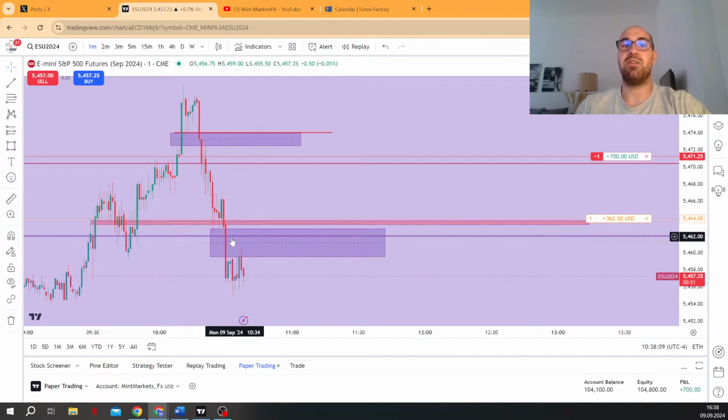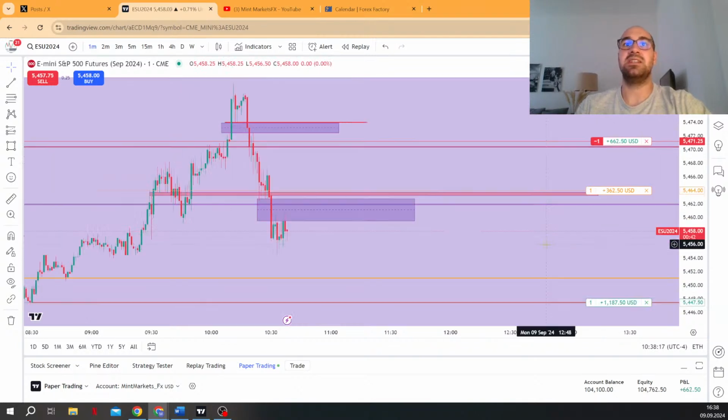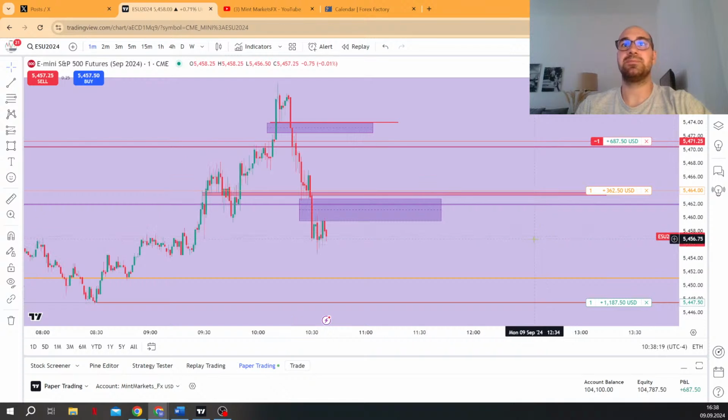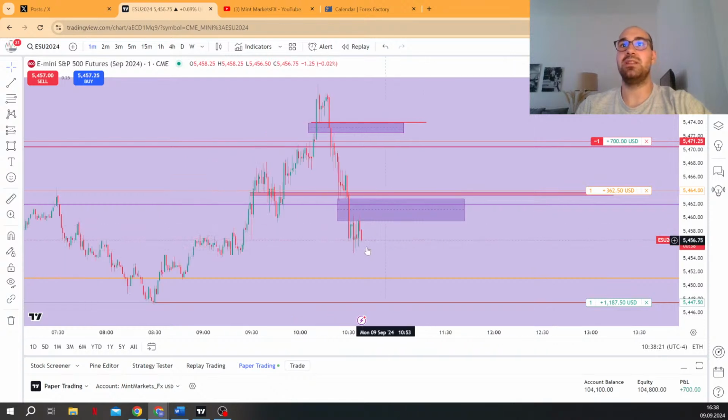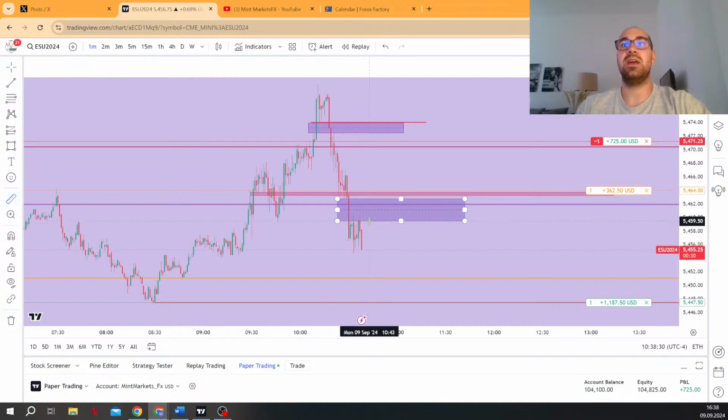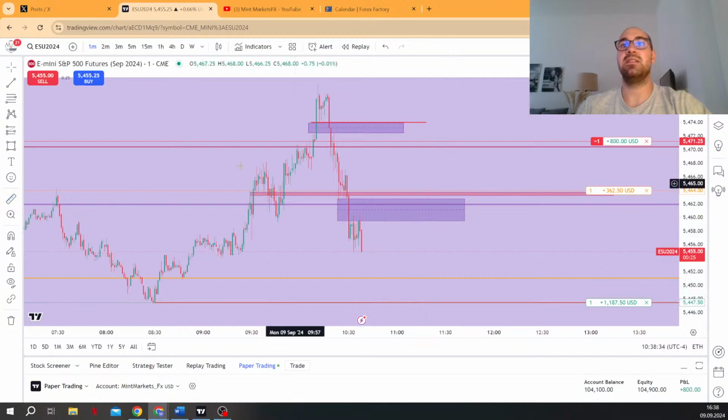So if it trades through this fair value gap, if it disrespects the midpoint, if it disrespects the candle that made up the fair value gap, I'm out, and I still made some profits. But I give my trade the chance to breathe, and I give my trade the chance to go lower and take out the low end of this market maker sell model, and that's another 11 handles.